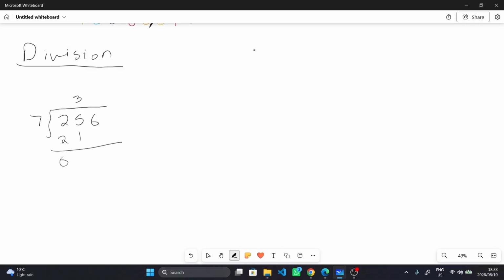Then we have 0, and that is 46. Right, then we remember 7 times 6 is 42. So we can do that, and we are left with 4 here, right? So in this case, we have a remainder 4. Or you can go on, but then you put a comma there, right? Because there is a 0 there with the comma.